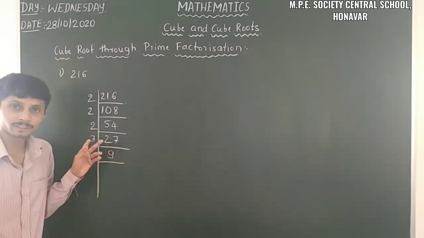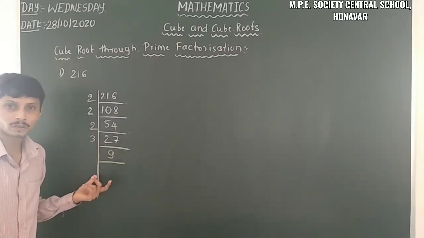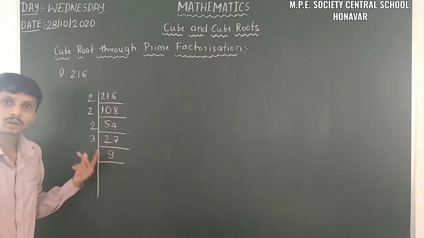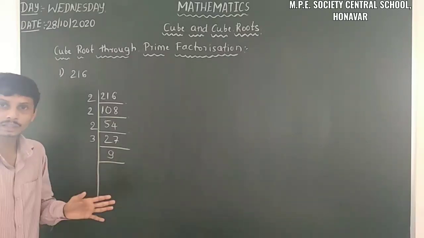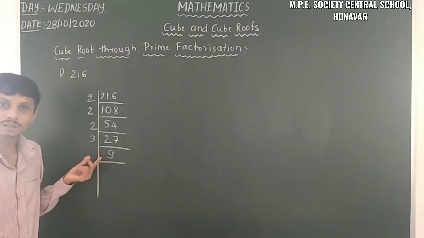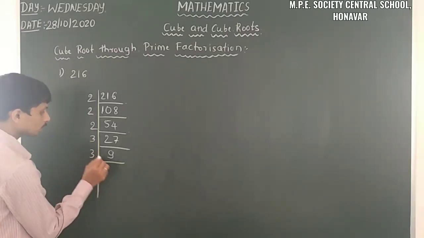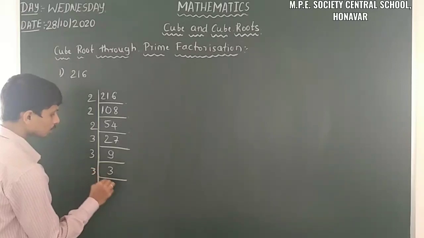Don't take 9, if you take 9 it becomes only 2 factors, 9 and 3. Don't take like that, you have to use the prime factors here. 3 into 3, and 3 into 1.